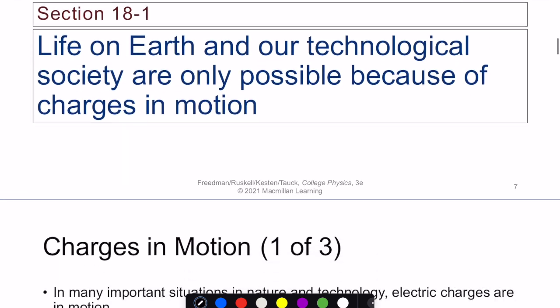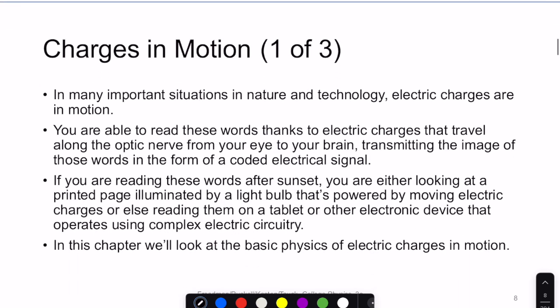So this first section is just a motivation for our study. Charges in motion, it's really important. We use it all the time in technology, and we also use it to get our brain to work for us. So charges are sent back and forth through neurons in the brain.